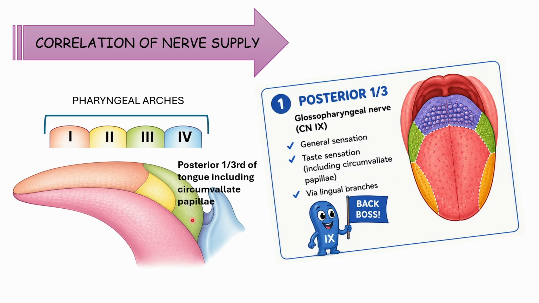Because of this, the posterior one-third is supplied by the glossopharyngeal nerve, as the glossopharyngeal nerve is the nerve of the third arch. So the glossopharyngeal nerve takes over both the general sensations as well as the special sensations of the posterior one-third of the tongue.